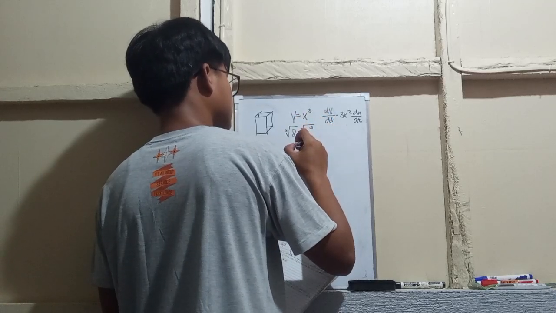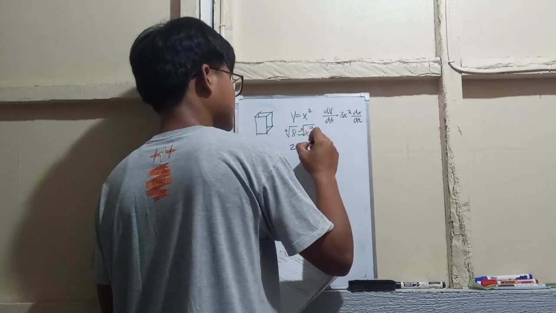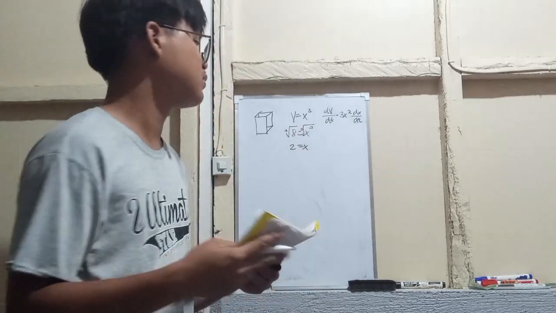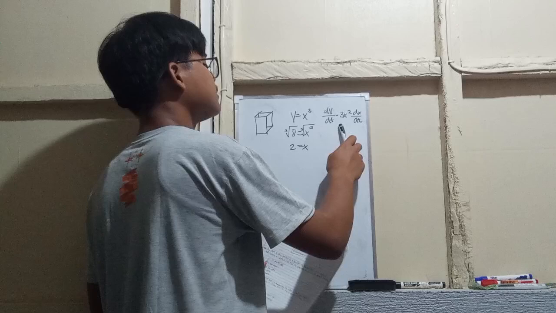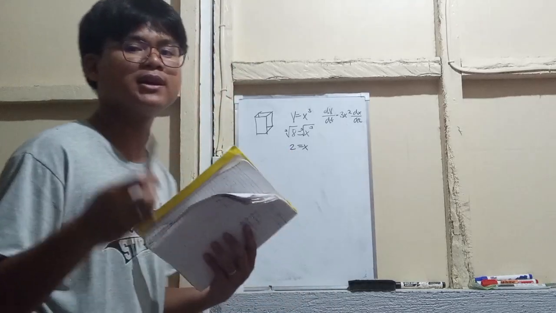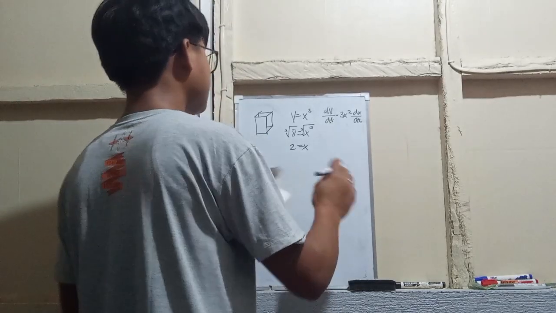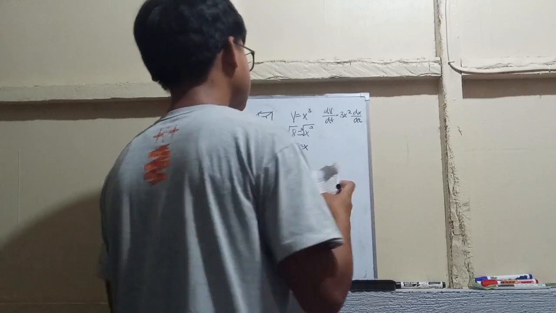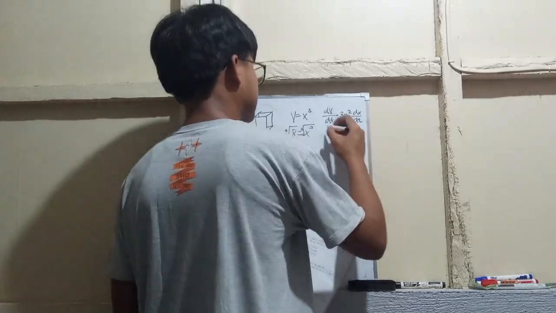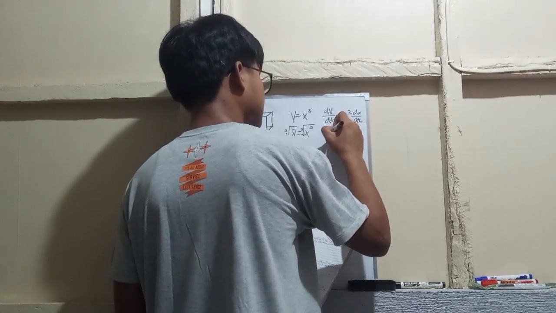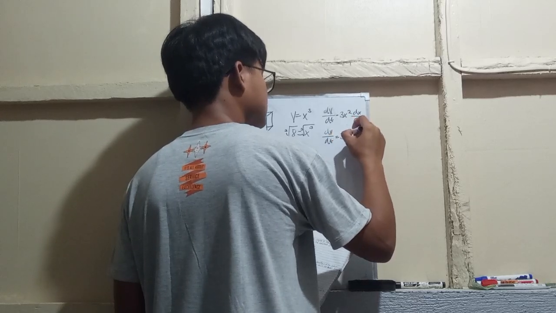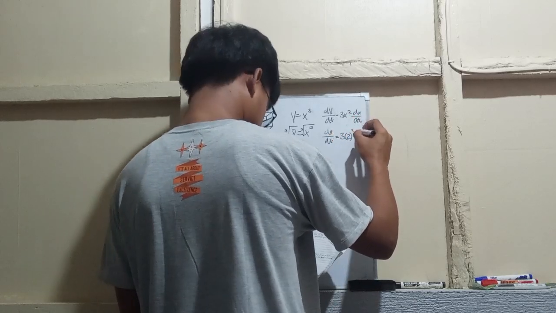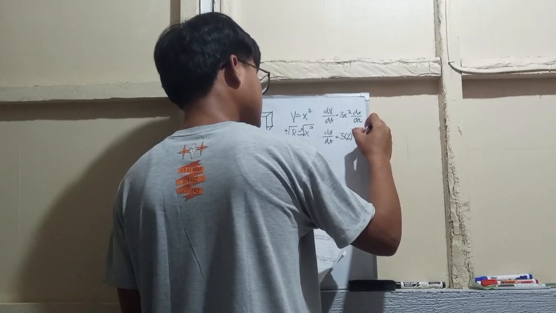So we can get x as 2. Then we'll go back to the differentiated formula. So we can substitute the x into this formula. So dv over dt is equal to 3 times 2 squared times dx over dt.